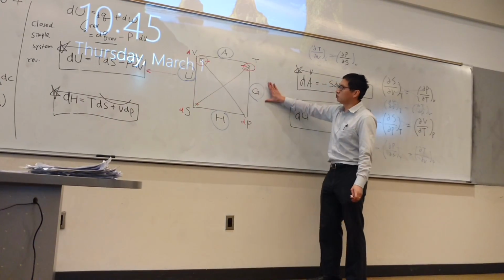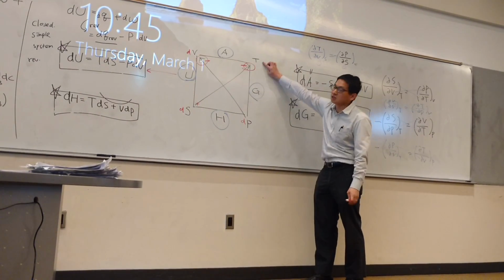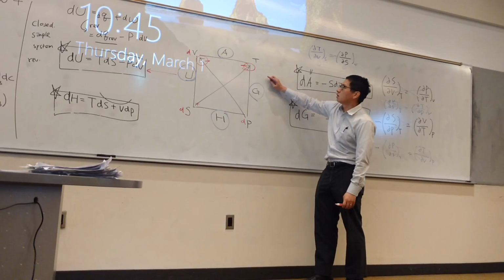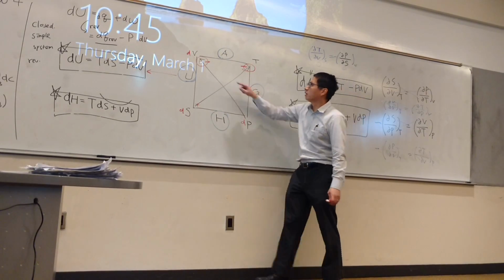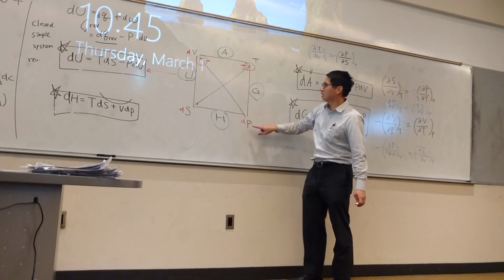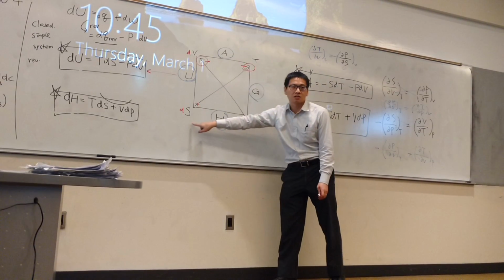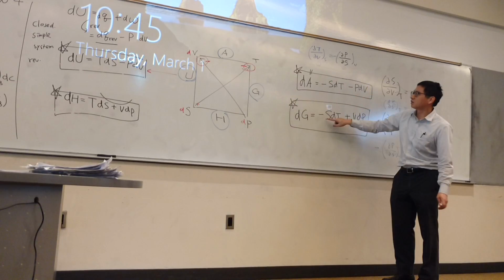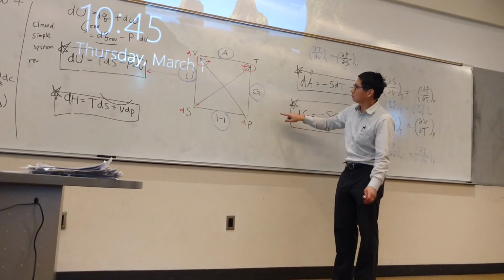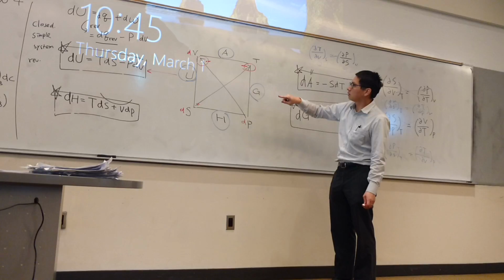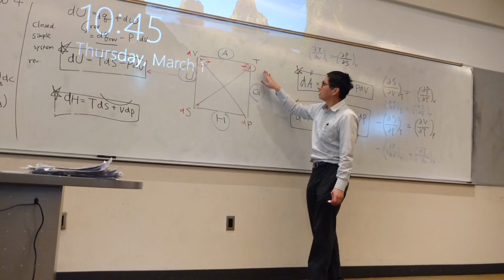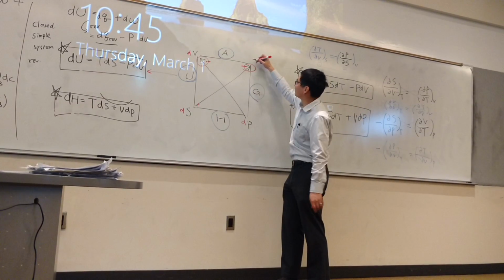G will be expressed in dP and dT. So dG equals V dP minus S dT. I always get confused here.